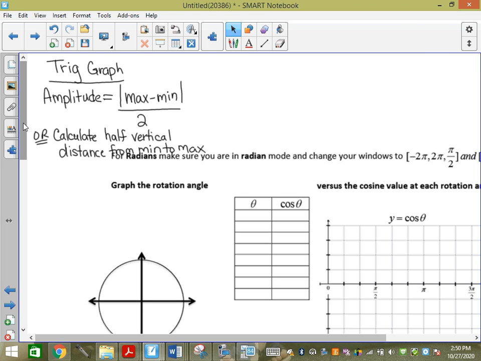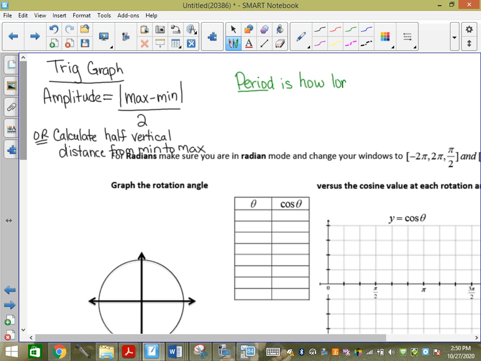Off of a graph, the period is how long it takes horizontally to repeat itself.